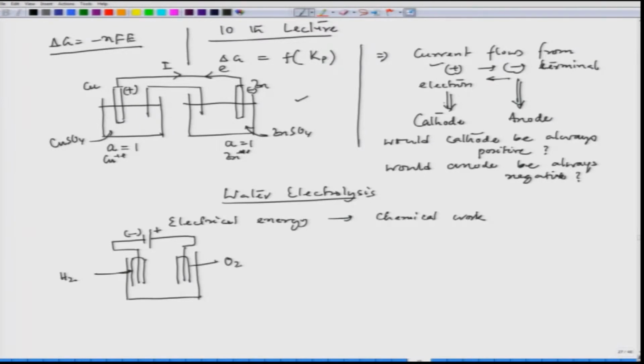So, H2O gives rise to O2 and H2. If we balance it, this would be the balance, and this goes to the positive terminal, and this goes to the negative terminal.